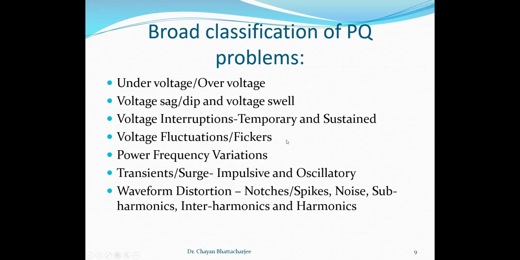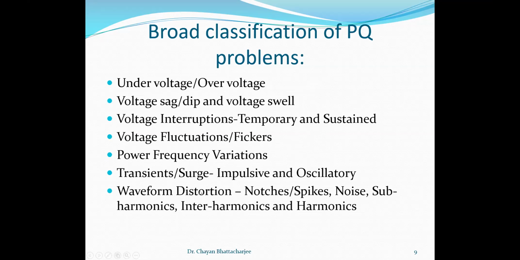So frequency variation problems are not allowed nowadays in the national grid, locally or throughout the country. As per the Indian Electricity Grid Code, this frequency variation limit is now made much stiffer. We'll see what the variations are. That is also a power quality problem.